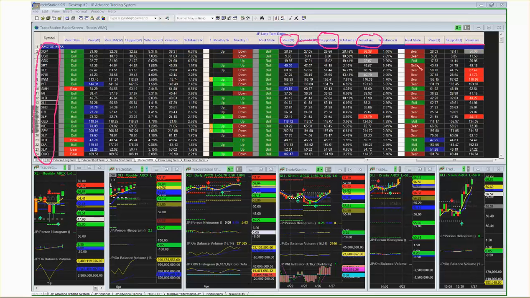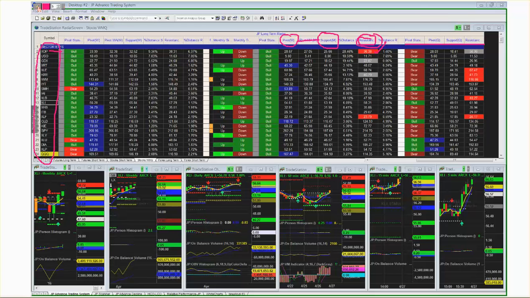And I'll get to this over here in just a second. What the resistance column says is it tells us if it's red, it means that this particular instrument is already trading at its predicted Person's pivot resistance. So let's see if that's true.